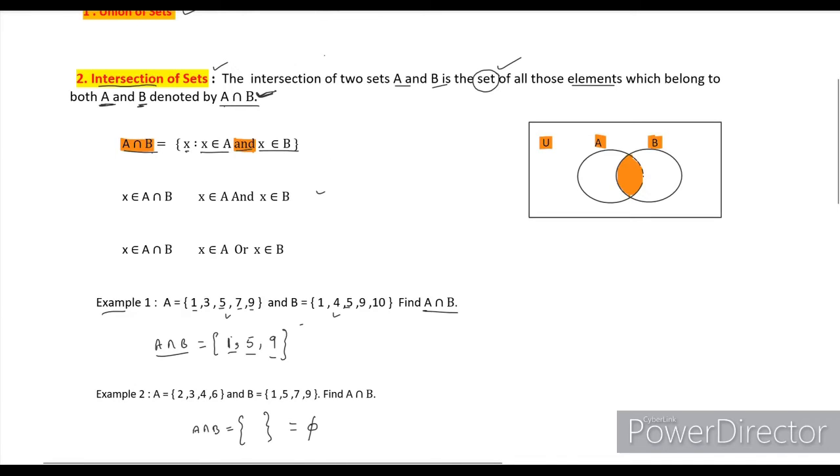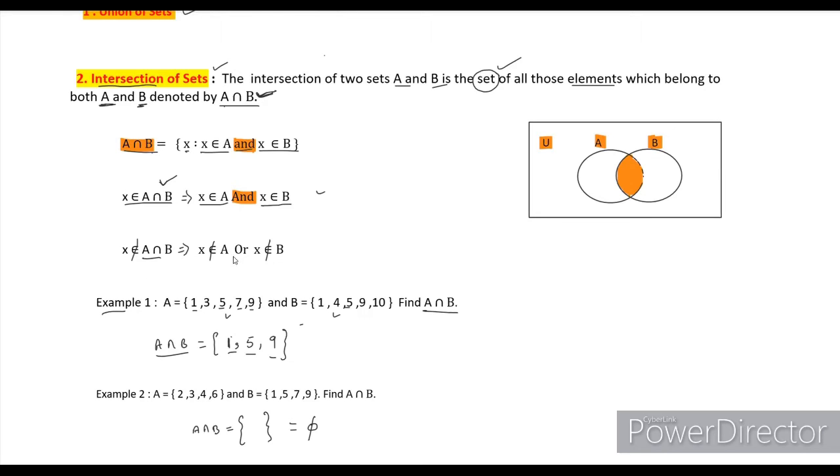Now, an important thing that we need to understand. If an element x belongs to A intersection B, that implies the element x belongs to set A and the element also belongs to set B. That is, it belongs to both A and B. Only then will the element be present in A intersection B. Suppose there is an element x which does not belong to A intersection B. That implies either the element does not belong to A or it does not belong to B. That is why it is not in the intersection set.